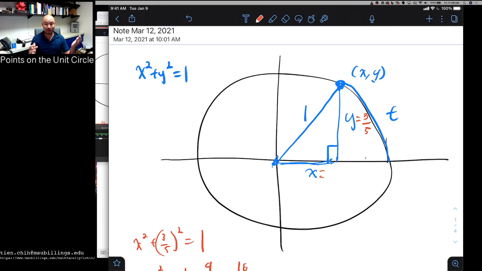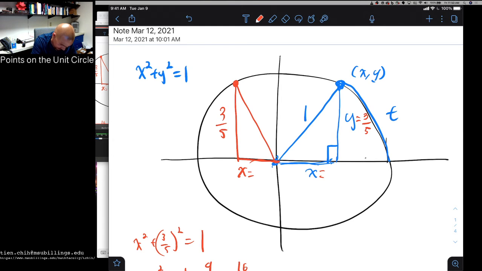Now the plus or minus is not a trivial concern here, because if I look at points on the unit circle whose y values are 3/5, there's actually 2 of them, right? There's another one here, and this x value, so this is 3/5. This x value here would in fact be negative, right?